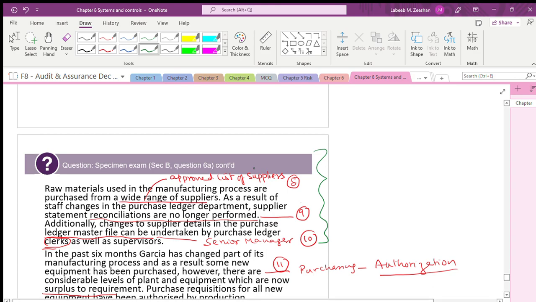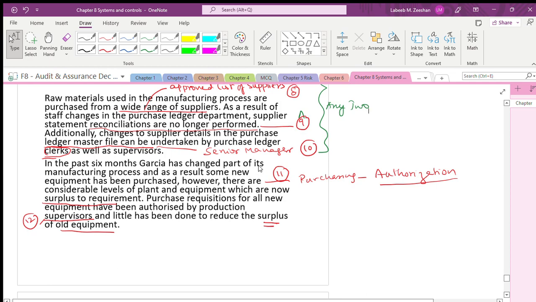Here you have to take any 2. Automatically, it makes sense. What is the message we are sending to the examiner? We are sending a message that we have covered the complete scenario, and based on the complete scenario we are working on that.